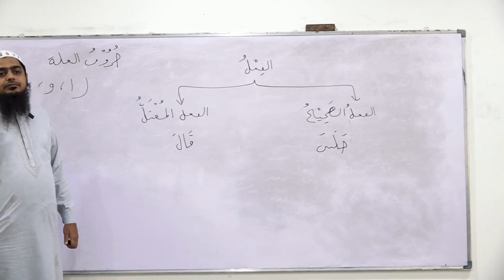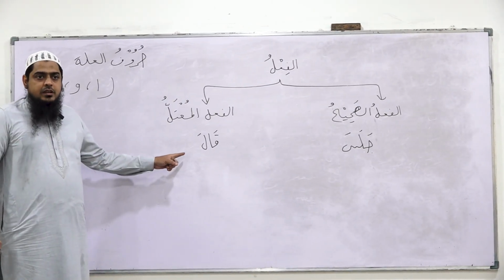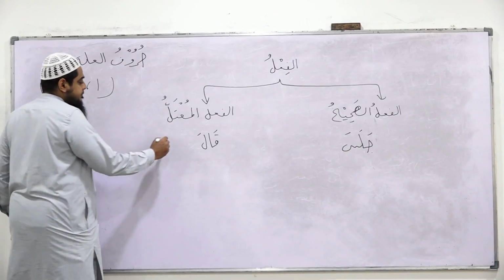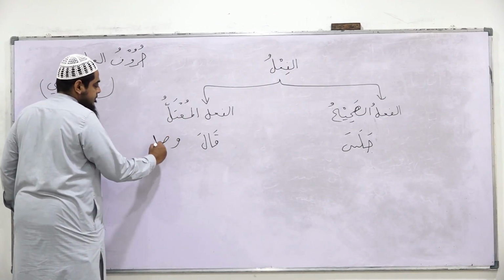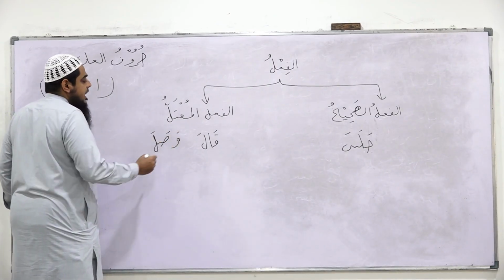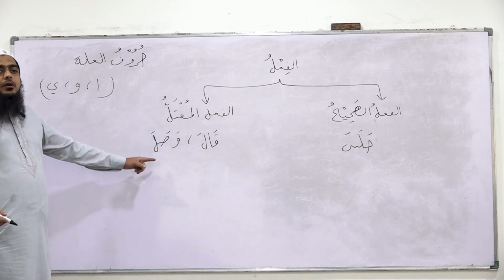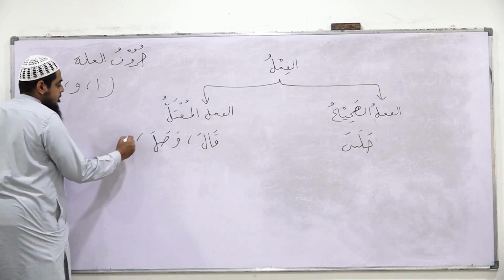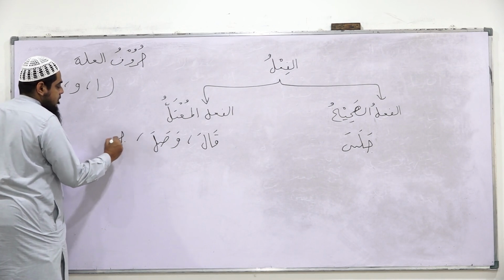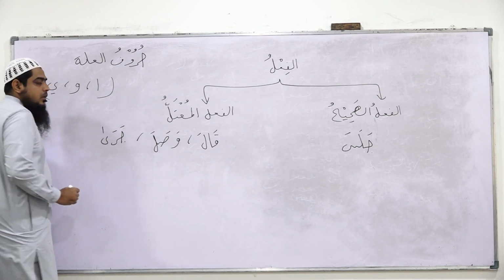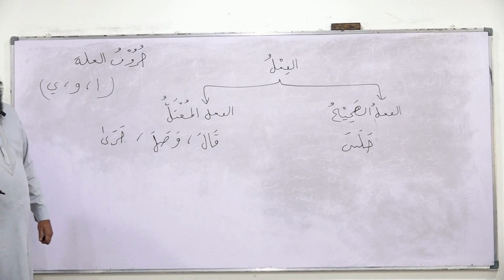In عين كلمة. وصل. Where is حرف العلة? فا كلمة. جرى. Where is حرف العلة? لام الكلمة.